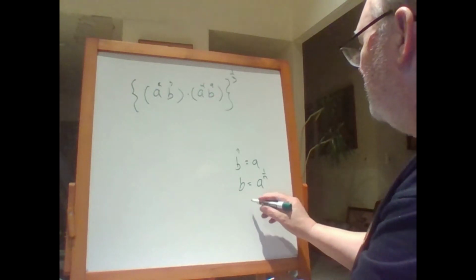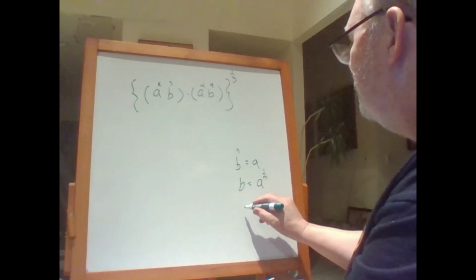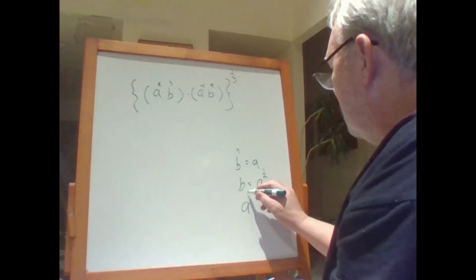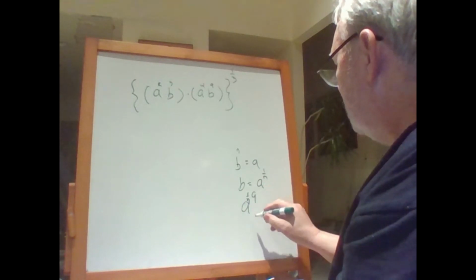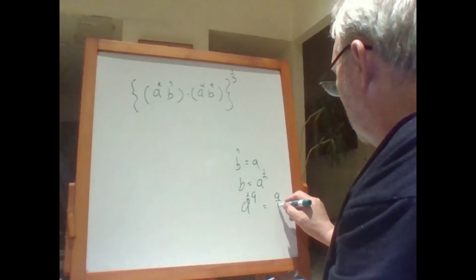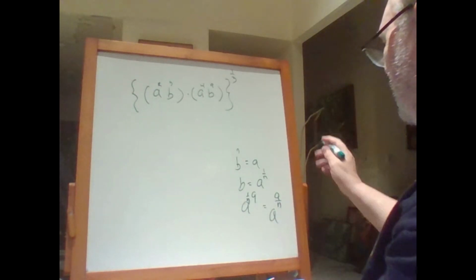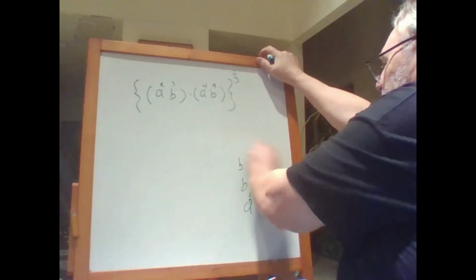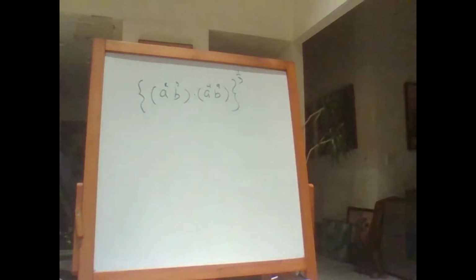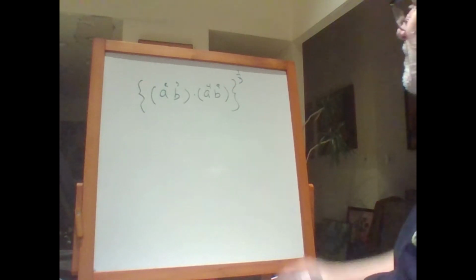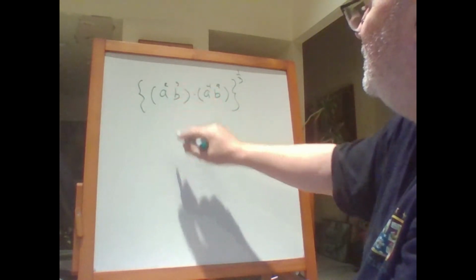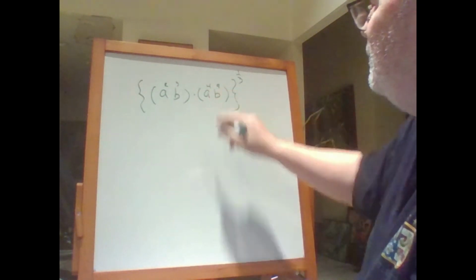And then we have a to the 1 on n to the ninth, which is equal to a to the 9n. But you know what? We don't have that, and we're not going to do it that way. I mean, technically we could, but we're going to leave that in base b. But we can't add these exponents because we have different bases.